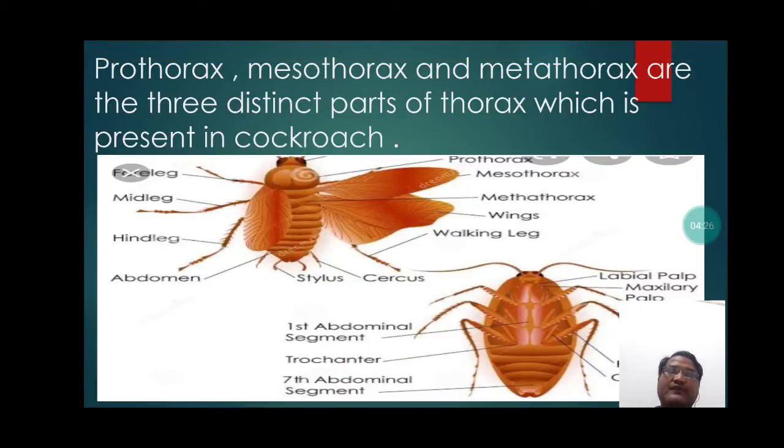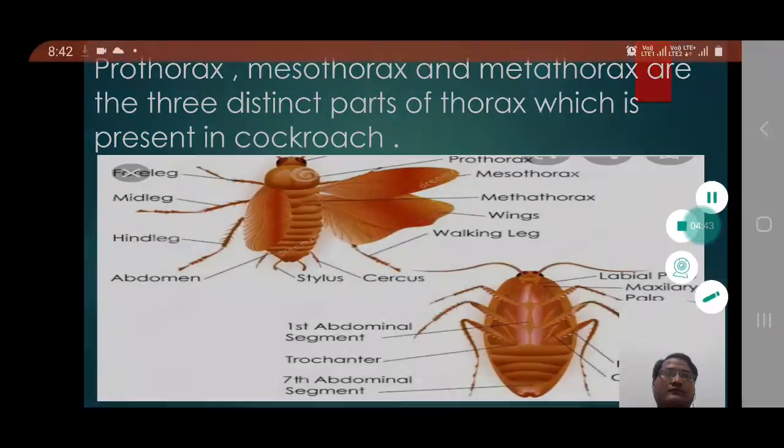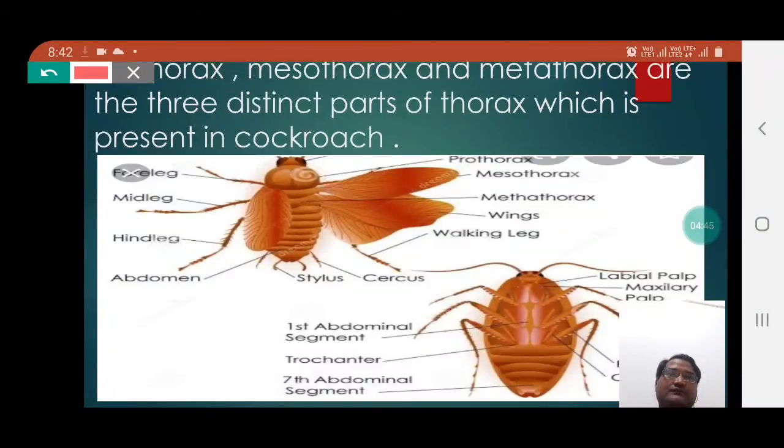Prothorax, mesothorax and metathorax are the three distinct parts of thorax which is present in cockroach. So students, the second part of the cockroach, which is the thorax, is further distinguished into prothorax, mesothorax and metathorax.